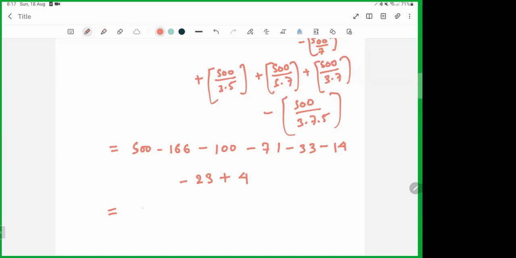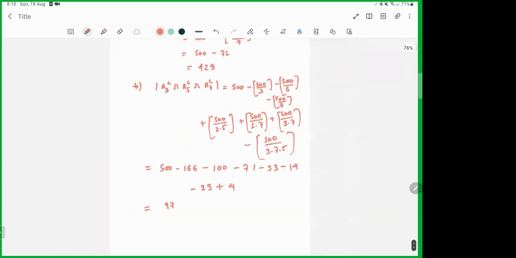So this is coming out to 97. Is there any calculation mistake?